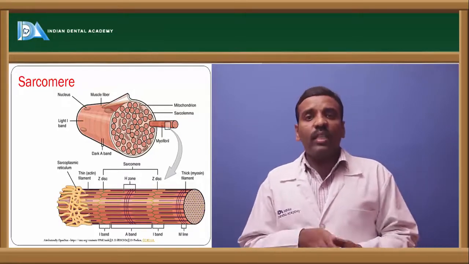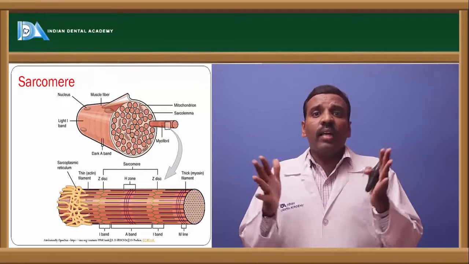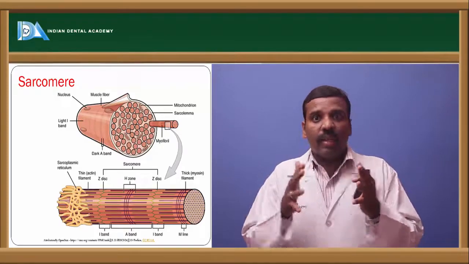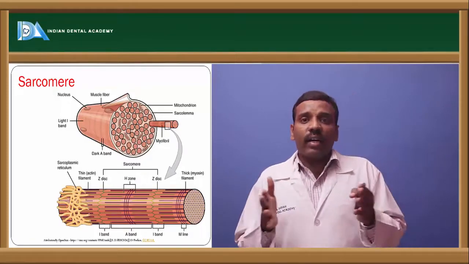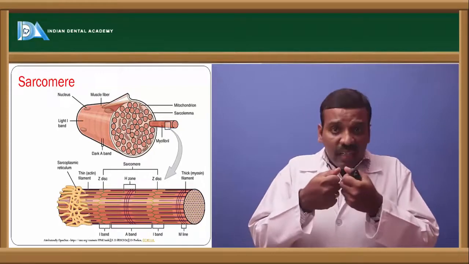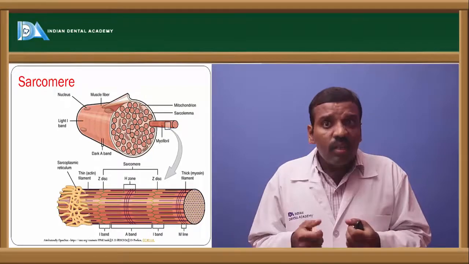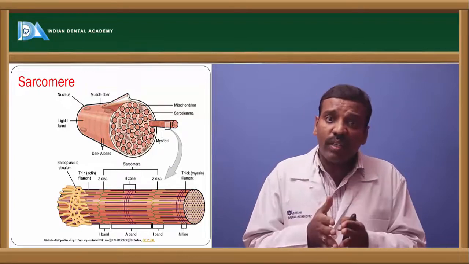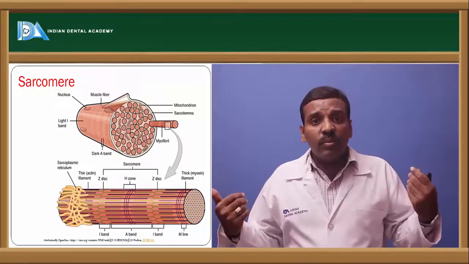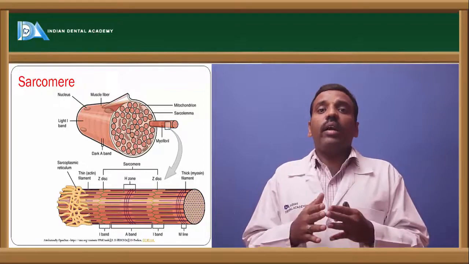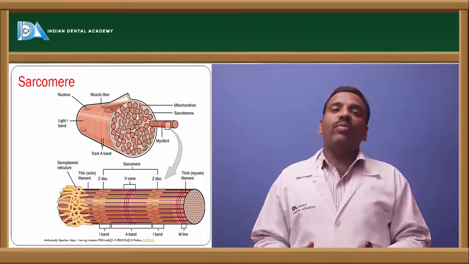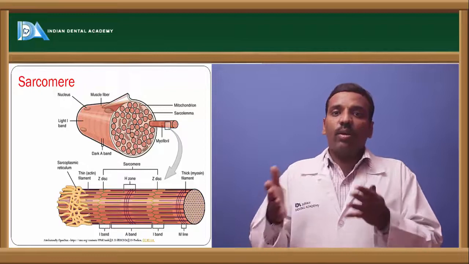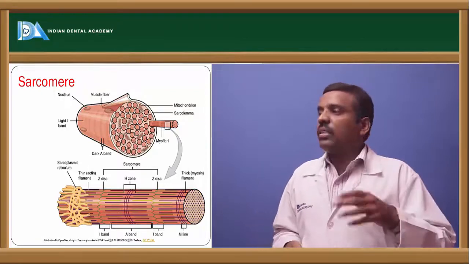With the help of the movements of these two, contraction and relaxation occur. During contraction, the actin filaments pull on the myosin filaments, and then they return to the regular position. That is the sarcomere.